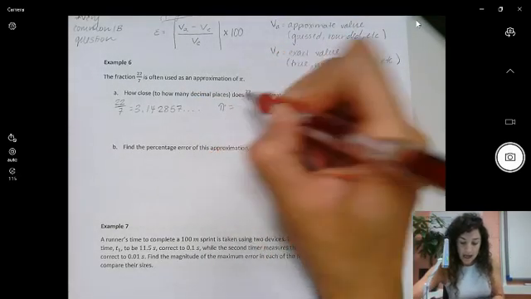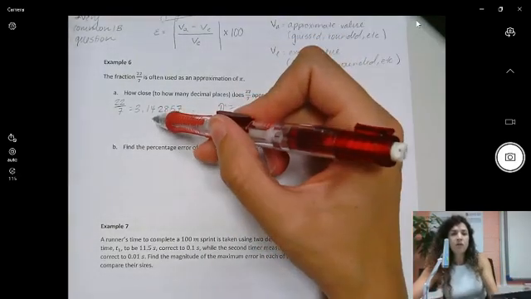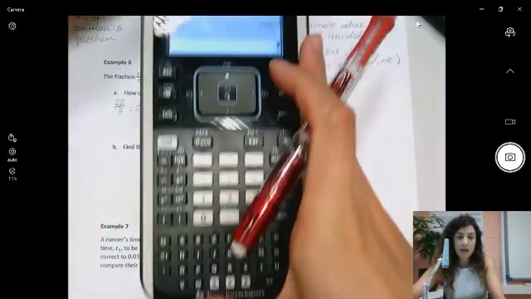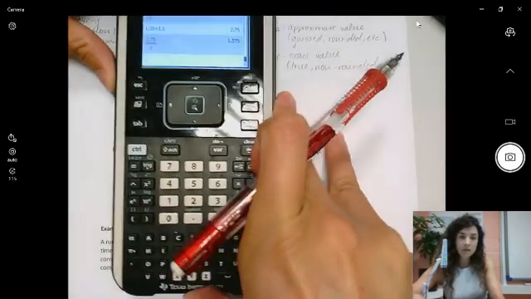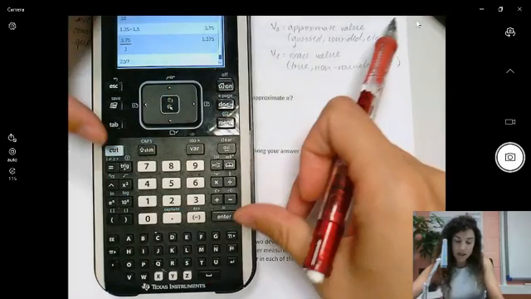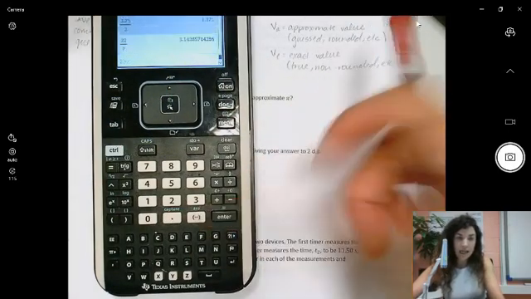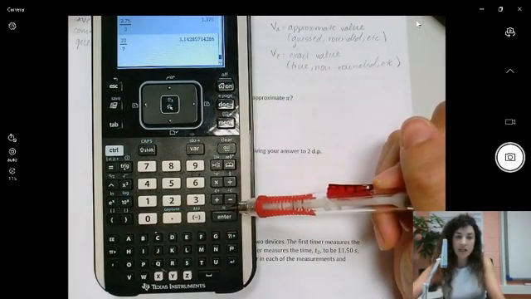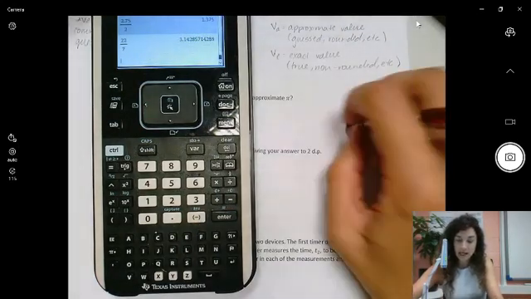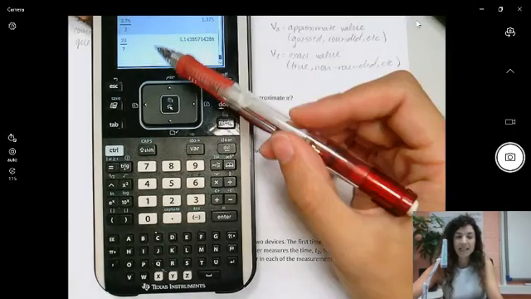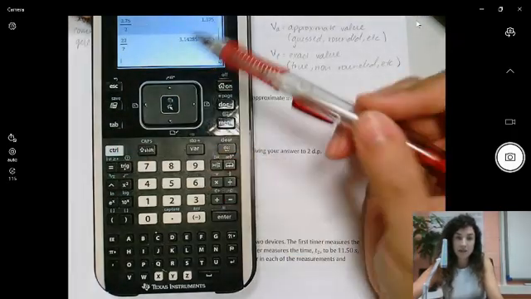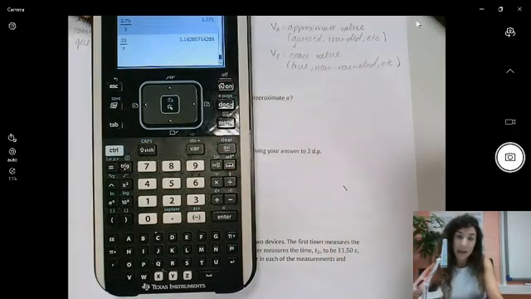If you don't know how to turn your exact into a decimal, do 22 divided by 7 and click Control Enter. Notice the double squiggles above Enter mean approximate. It's saying, give it to me as a decimal. So if you keep getting fractions back as your answer and you want a decimal, that's how you change it. So there's your decimal right there.